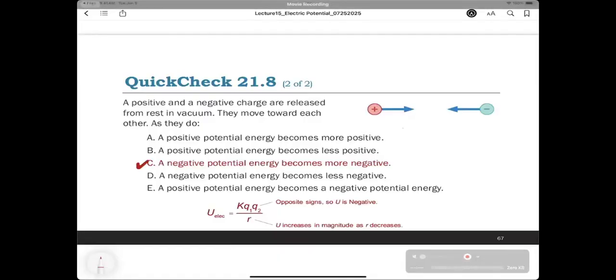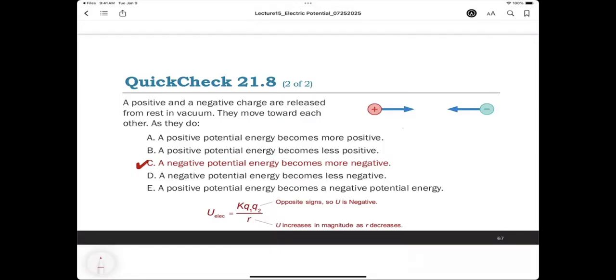Why? Actually, we can get this answer from this equation, which I didn't give you in this class.